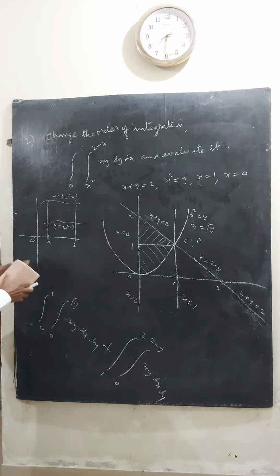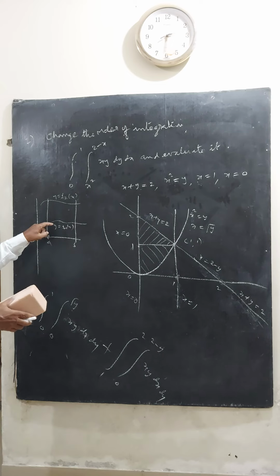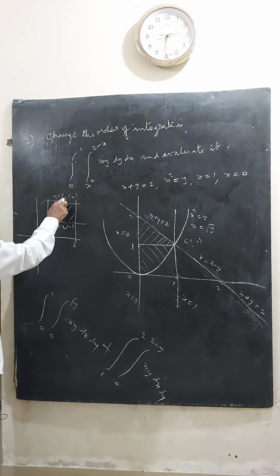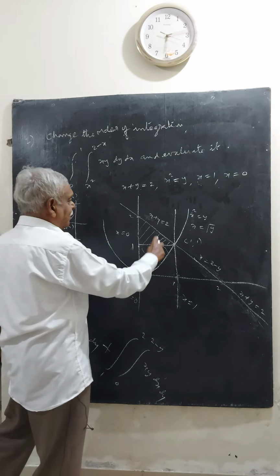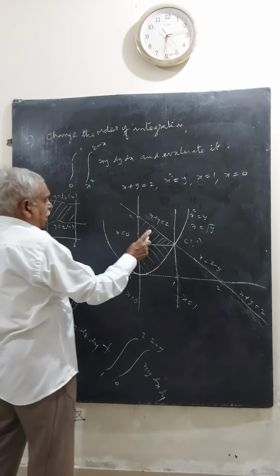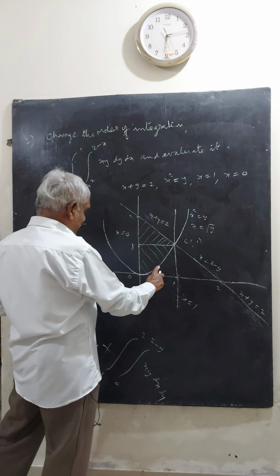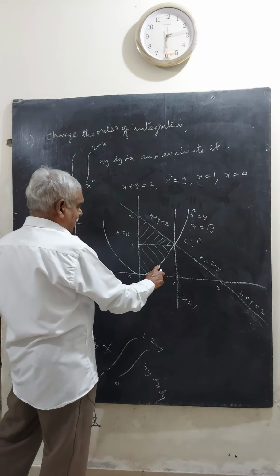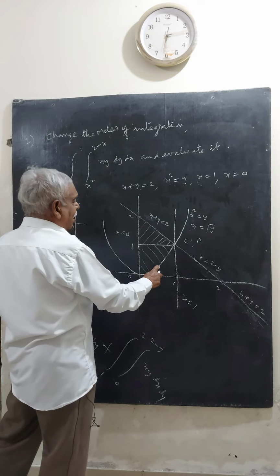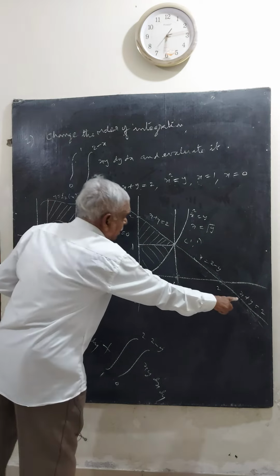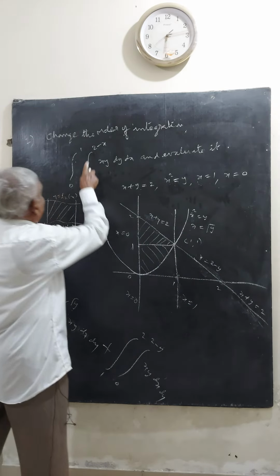If you take limits on the x-axis a to b, the curve is bottom to top, a function of x, f1 of x, f2 of x. Similarly, limit is 0 to 1, here a to b. Bottom curve is the parabola up to this cut point. Y is bottom to top. Bottom y is x squared, top y is 2 minus x.